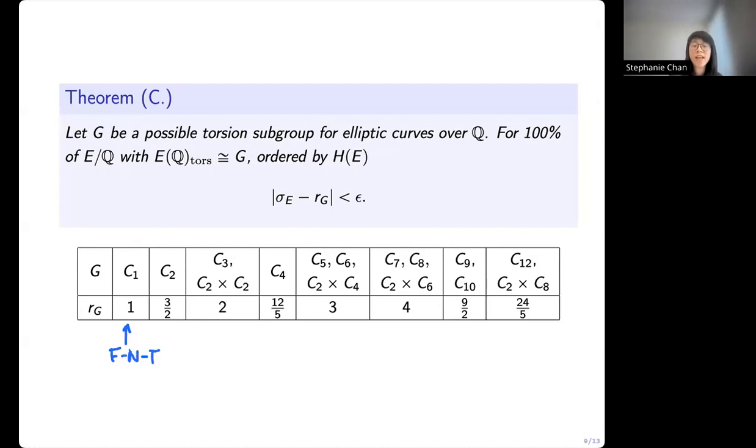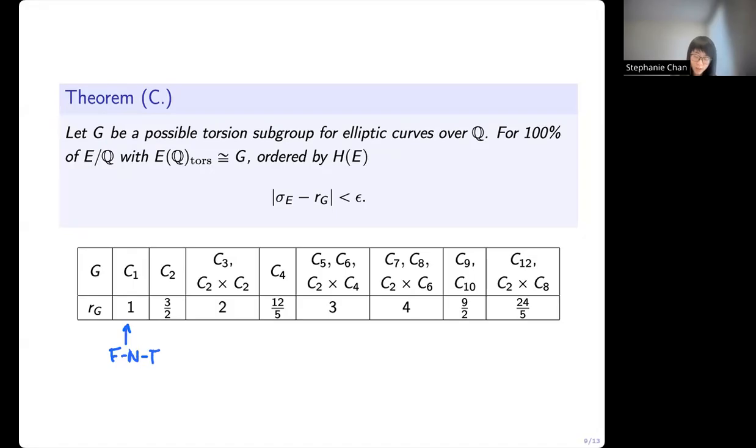In the trivial case, when G is the trivial subgroup, this is just a consequence of a result of Fouvry, Nair, and Tenenbaum, because almost all elliptic curves have trivial torsion.